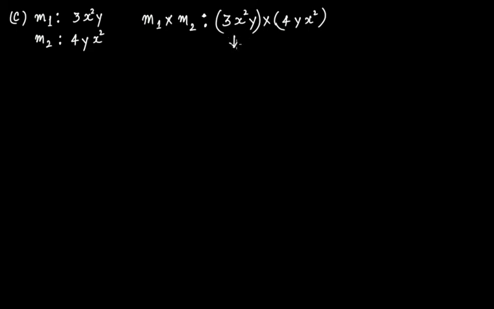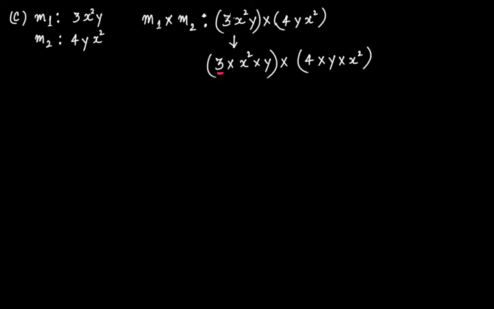Now this can be written as 3 multiplied by x squared multiplied by y, and this multiplication sign here, and this can be written as 4 multiplied by y multiplied by x squared.